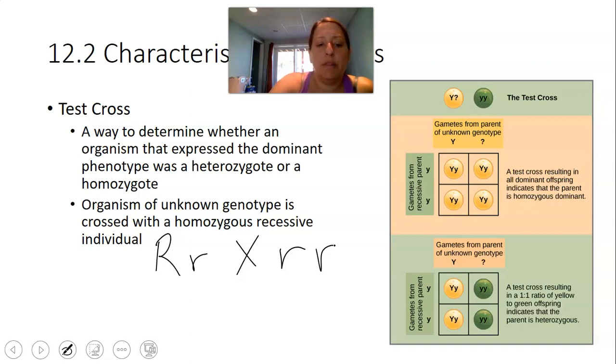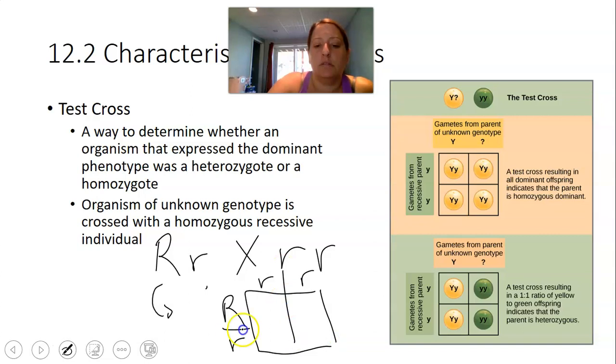So let me put this parent over here on this side. Half of the gametes from this parent are going to be big R, and half are little r. And let me put the other parent at the top. So I'm going to put little r and little r, and let me draw my box. This gets a little tricky to draw on here.